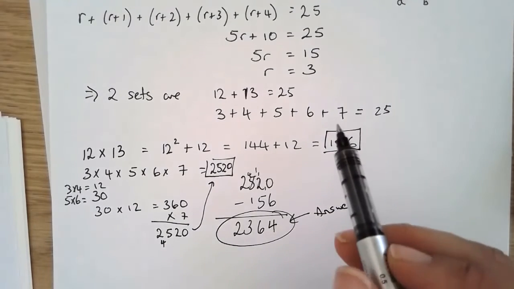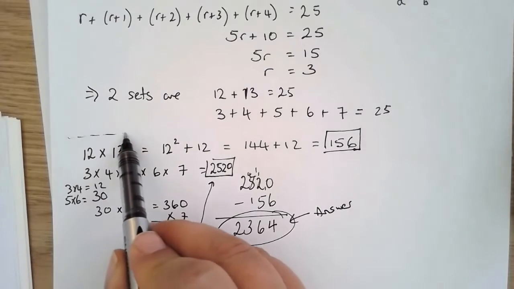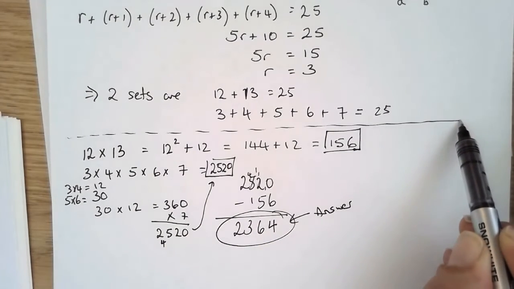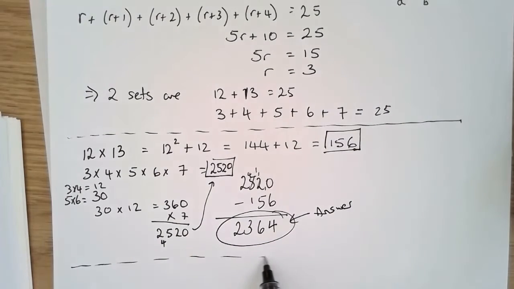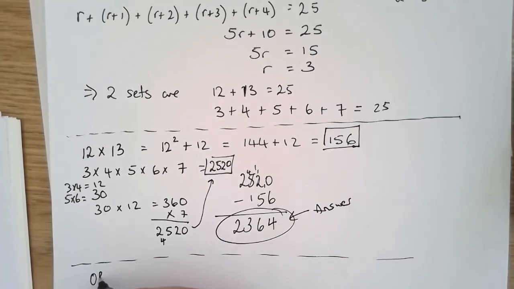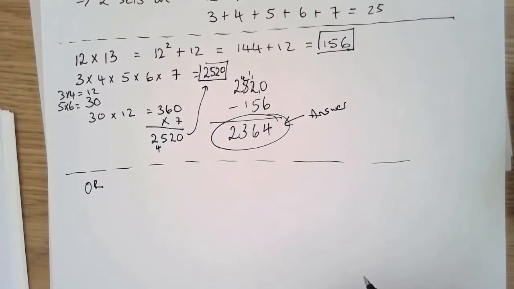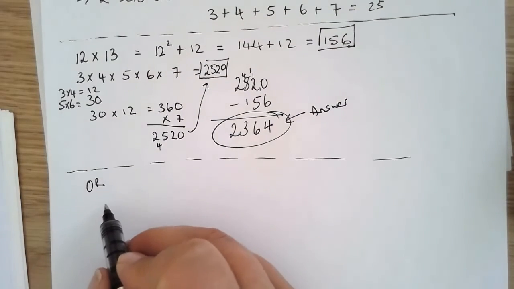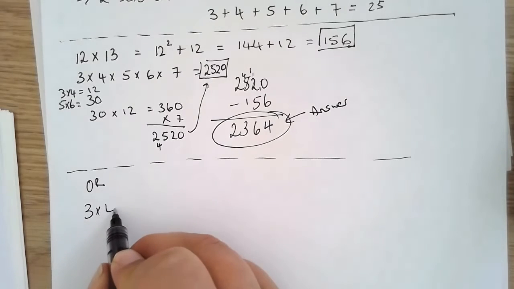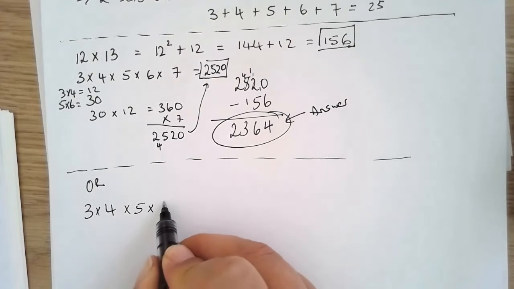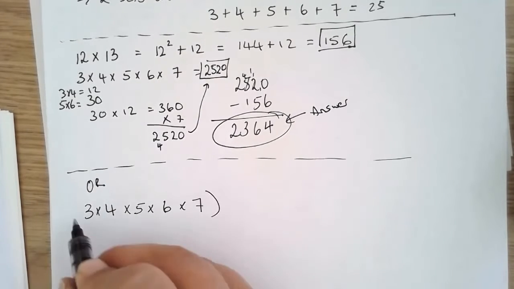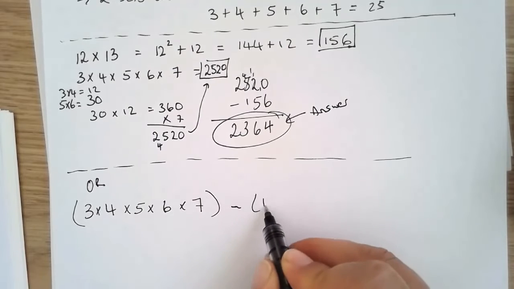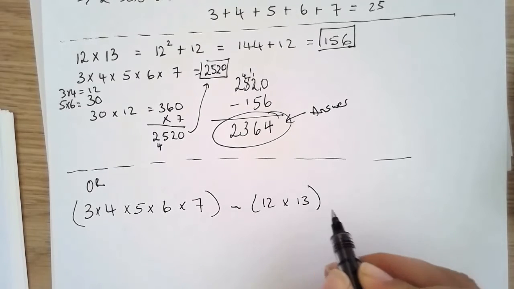Or, what you could do is say that once we've got our numbers, 3 multiplied by 4 multiplied by 5 multiplied by 6 multiplied by 7, subtract 12 multiplied by 13.